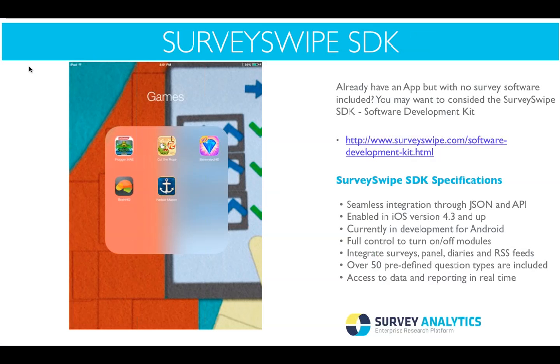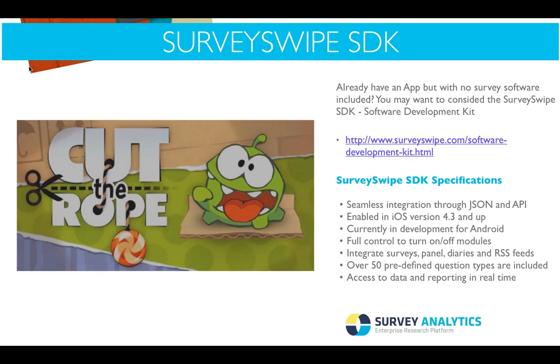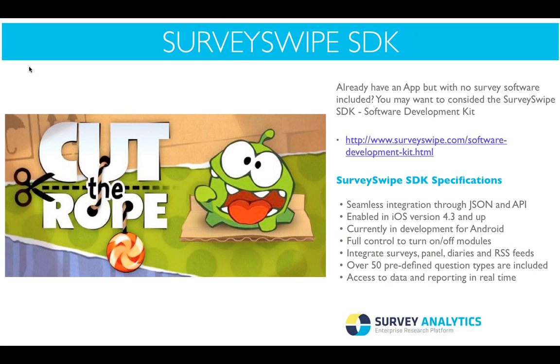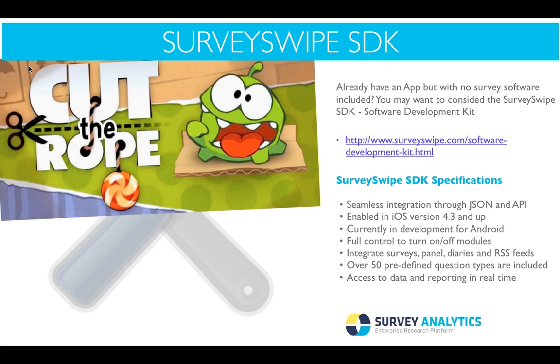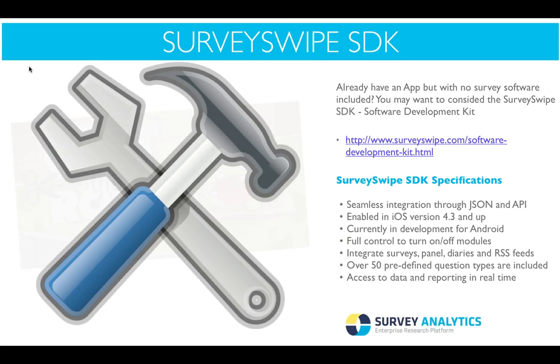So a great example I'm putting here is with games. I'm completely obsessed with this game right now called Cut the Rope. It's a free game, although I think my husband's better at it than I am. But if the company who created Cut the Rope wanted to create a survey to capture information about their gamers that love this game, all you need to do is come to SurveySwipe.